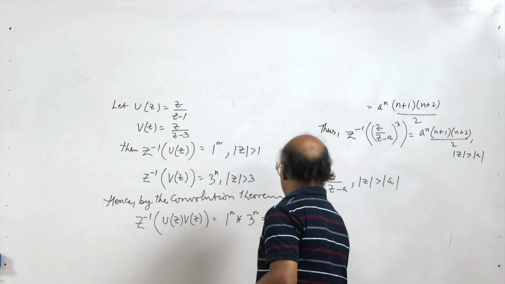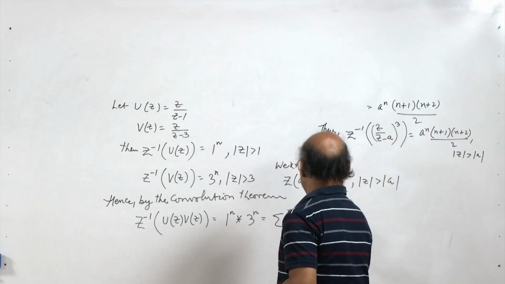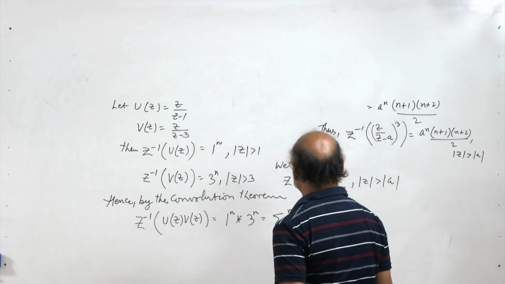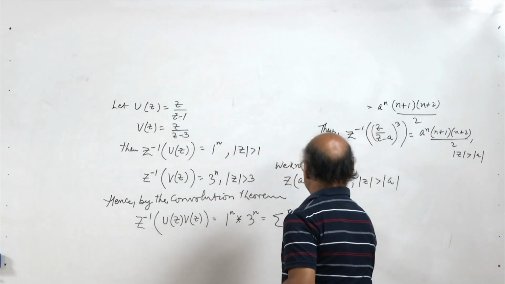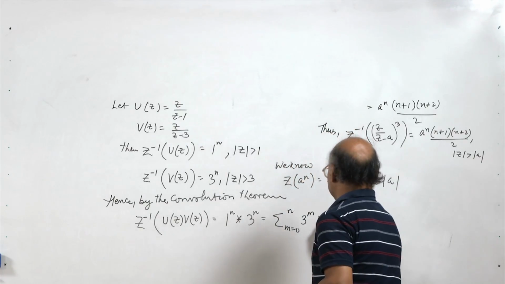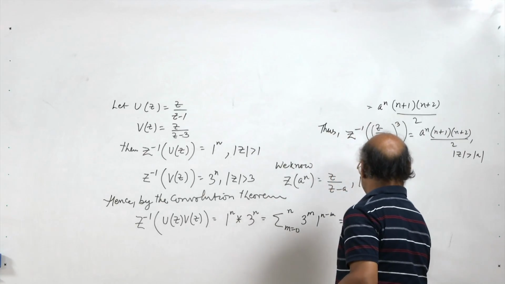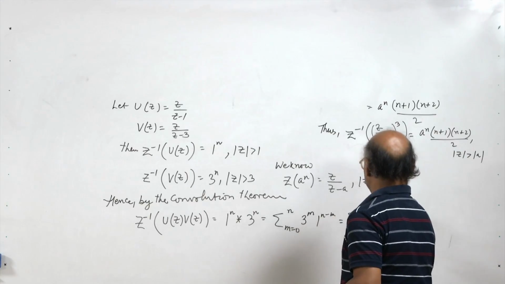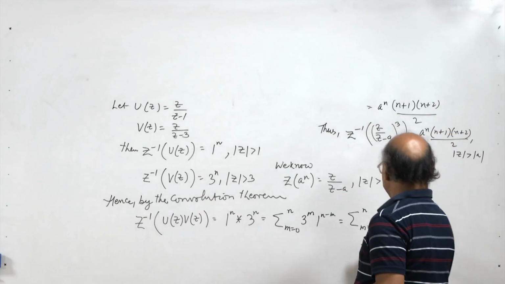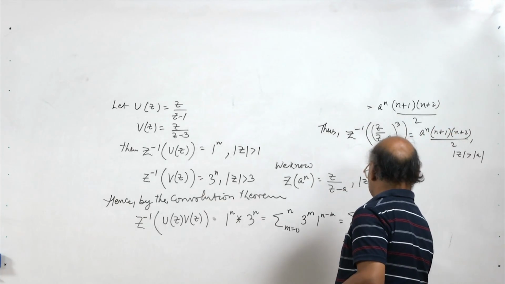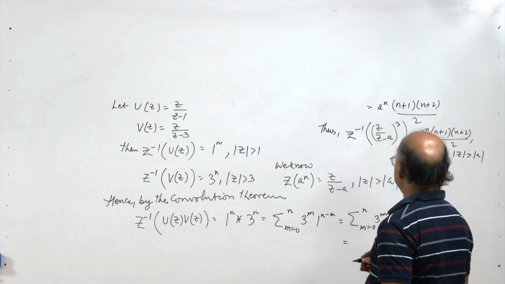So the sigma m equal to 0 to n of 1^m, you can write 3^(n minus m), that I can write as b(n minus m). So 1^(n minus m), which is the summation m equal to 0 to n of 3^m. Now this is a geometric series and here the first term is 1. So the total number of terms are n plus 1, and the geometric ratio is 3.